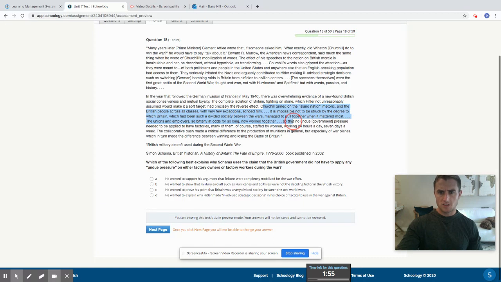It is impossible not to be struck by the degree to which Britain had been such a divided society, yet managed to pull together when it mattered most. The unions and employers, so bitterly at odds for so long, now work together so that no undue government pressure need be applied to factories, many of them, of course, staffed by women working 24 hours a day, 7 days a week. Okay, so which of the following best explains why he uses that claim that they didn't have to use undue pressure?